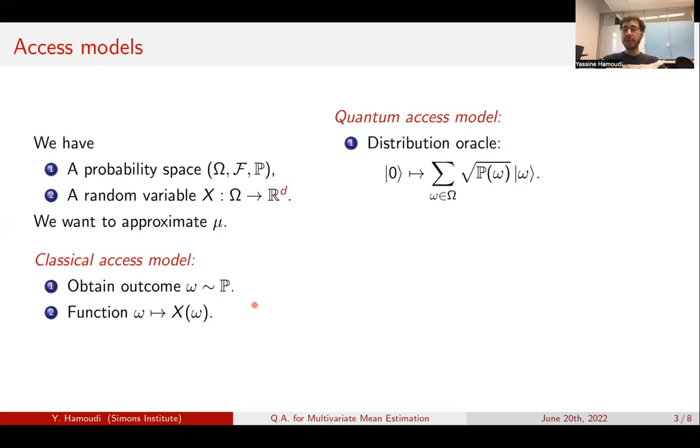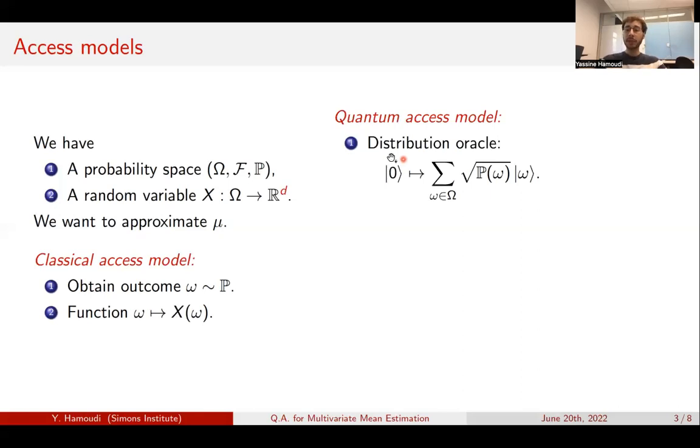So now in the quantum setting, we will quantize this input model in the following way, which is quite standard in the literature. First, we will replace this outcome with what we call a distribution oracle, which is just a unitary operator with the following property.